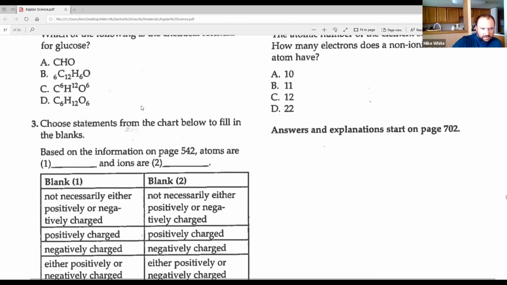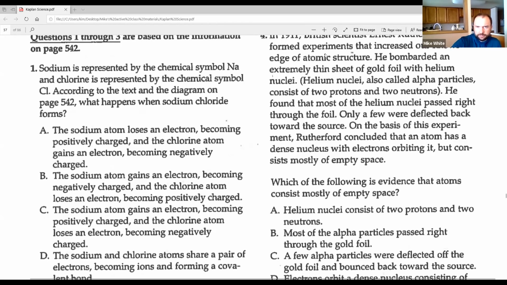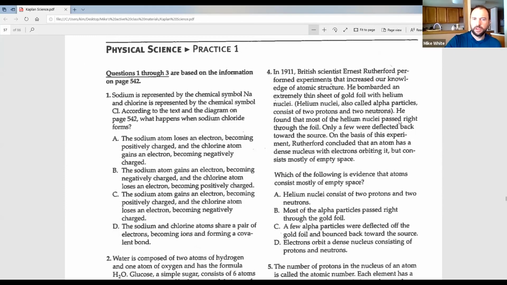So let's go ahead and look at the next question here. Let me zoom back out a little bit. So here is a less straightforward question. Can you read number 4? Hopefully you can read it all right.